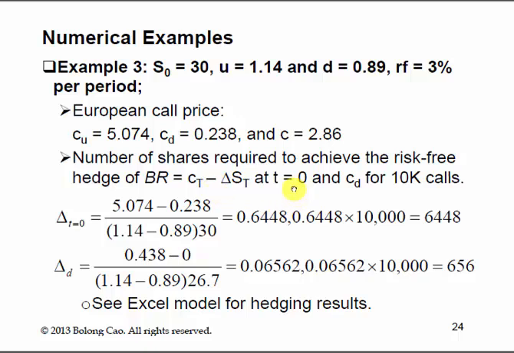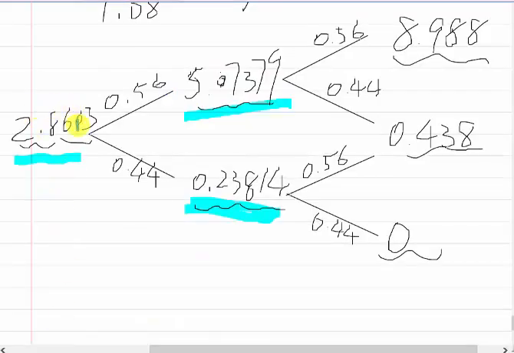Here, we want to examine two points. One is at time 0. The other is after the first period, in the downstate, this point here.